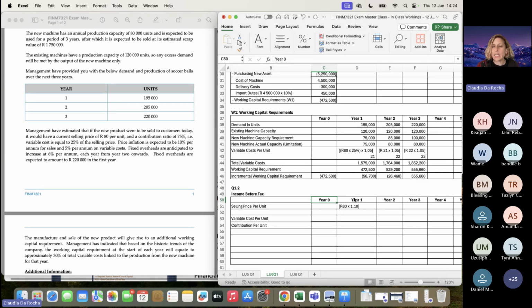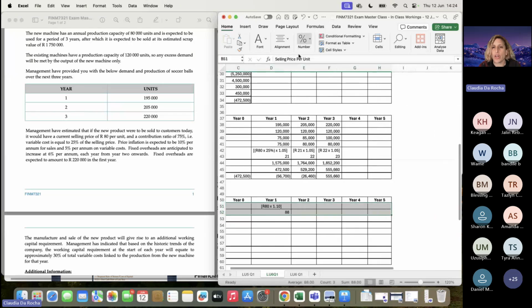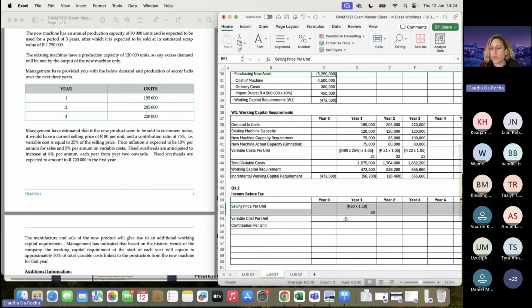We always start in year 1. So we have 88 for our first year. And then we do like what we did with our variable cost, where we increase each year. So we're going to say here it is 88 times 1.10, because that is the inflation that it said, right?